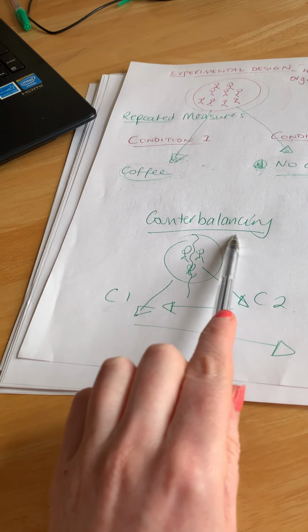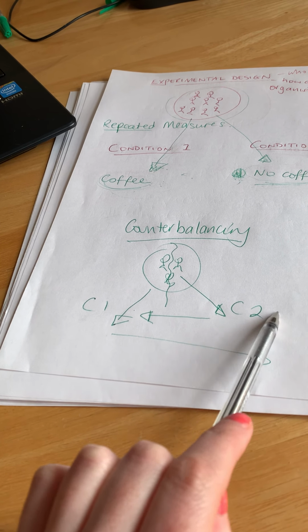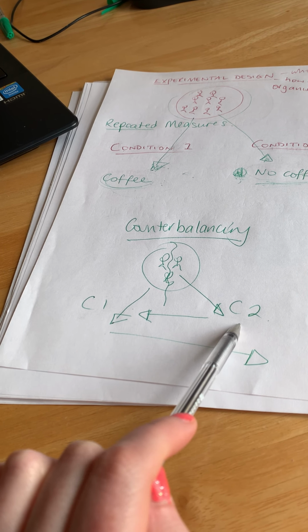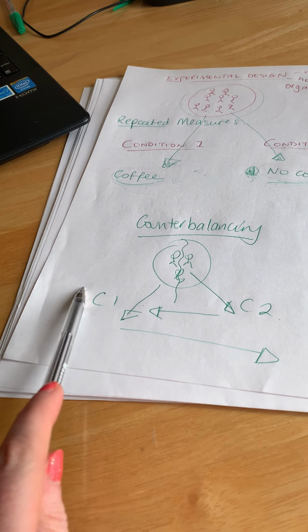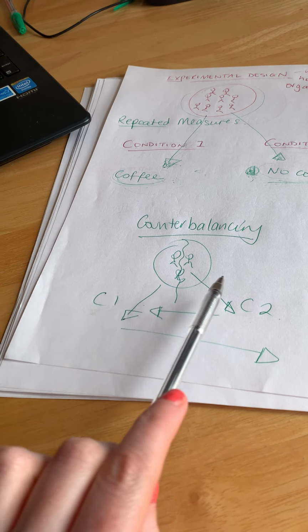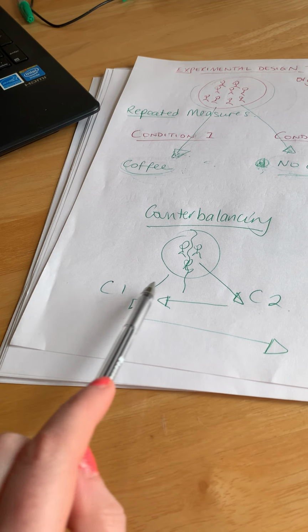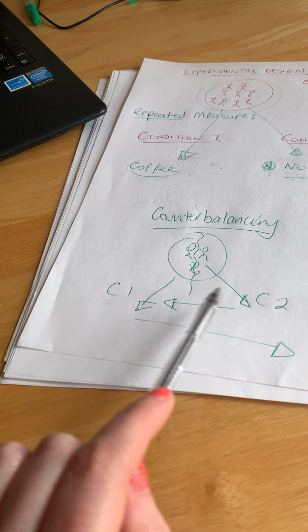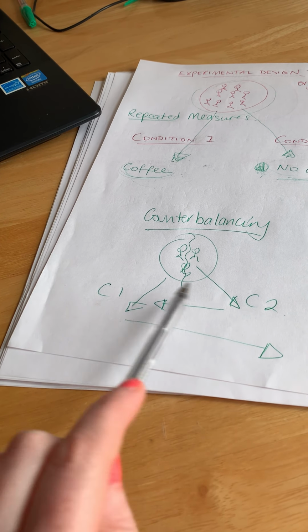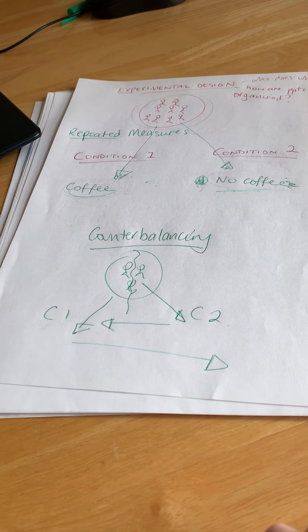So it balances out the order effects a wee bit more, so it's not always condition 2 being affected negatively. Results should be a wee bit more balanced.